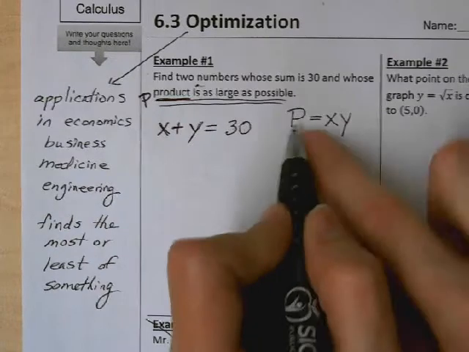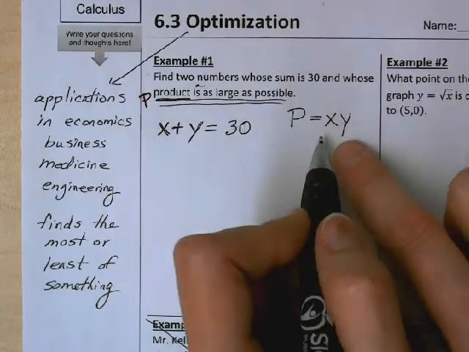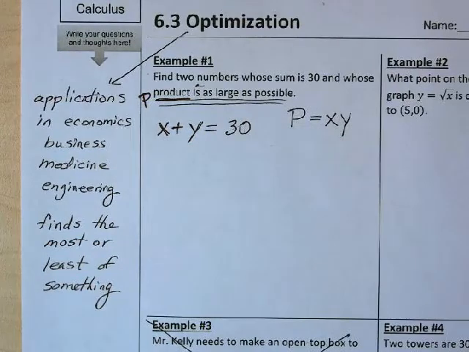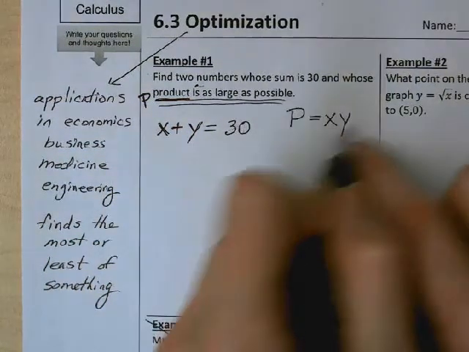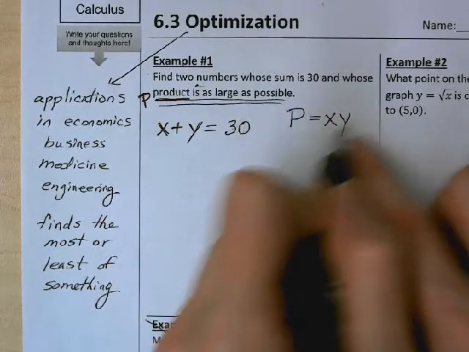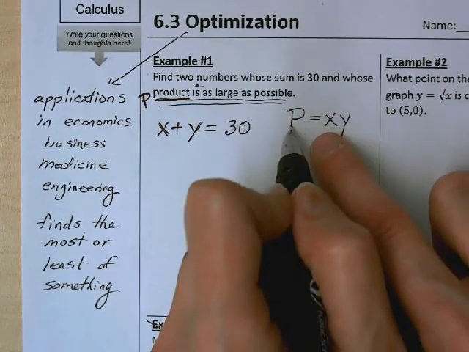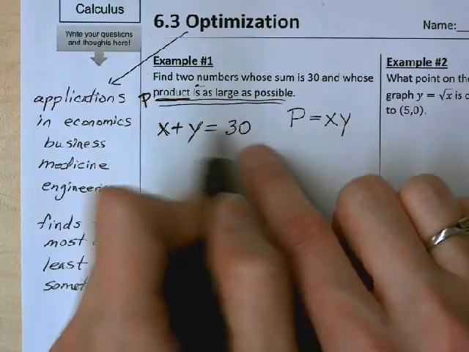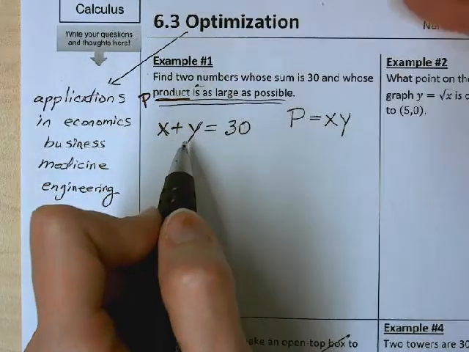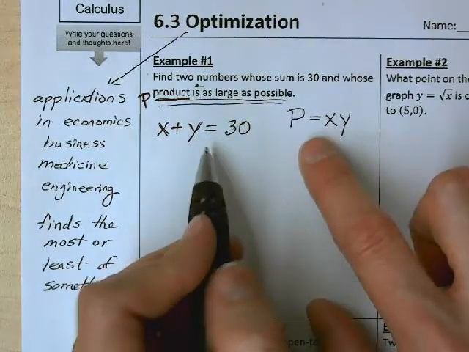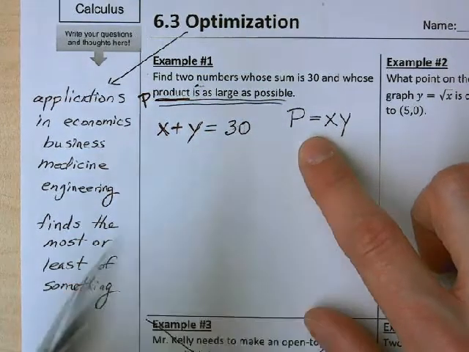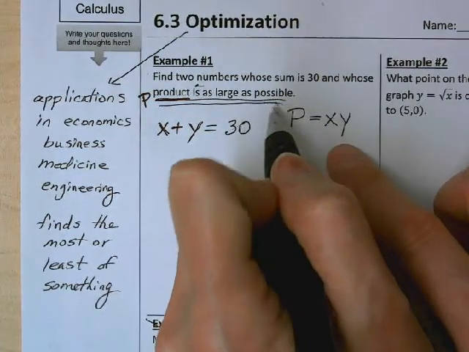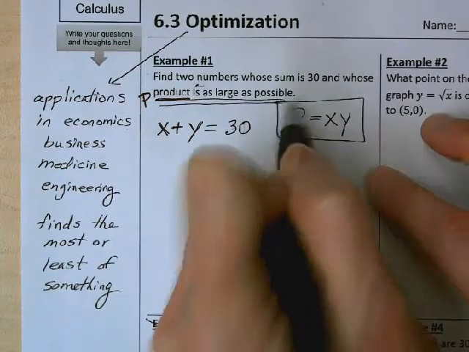So this equation is our primary equation, the one we're most concerned about. This is the one we're trying to maximize, to make as large as possible. And this is a secondary equation that goes along with it, because it's another relationship they gave us. You want to get your main equation, your primary equation, down to one variable.